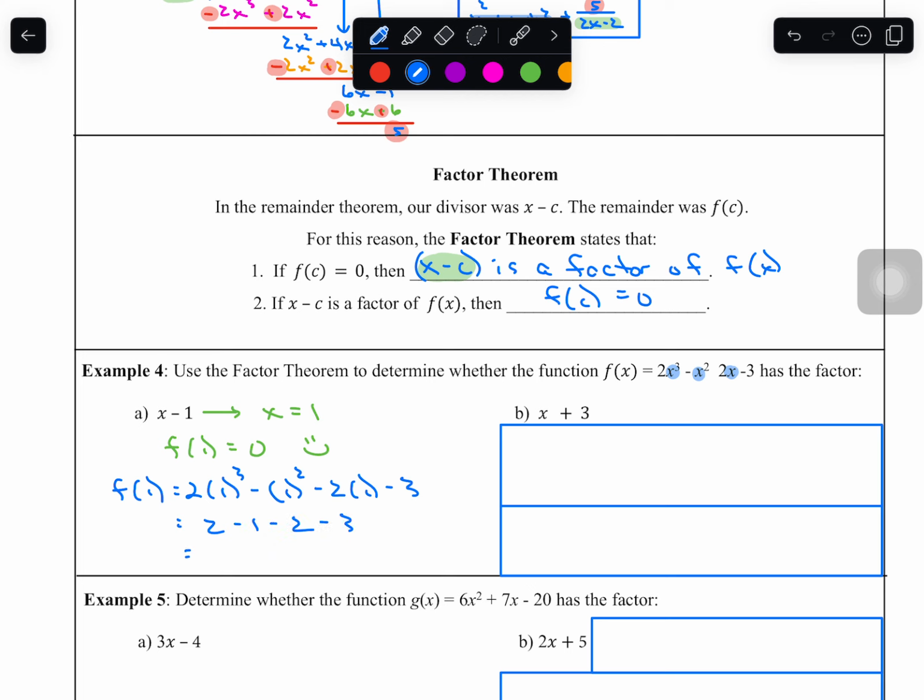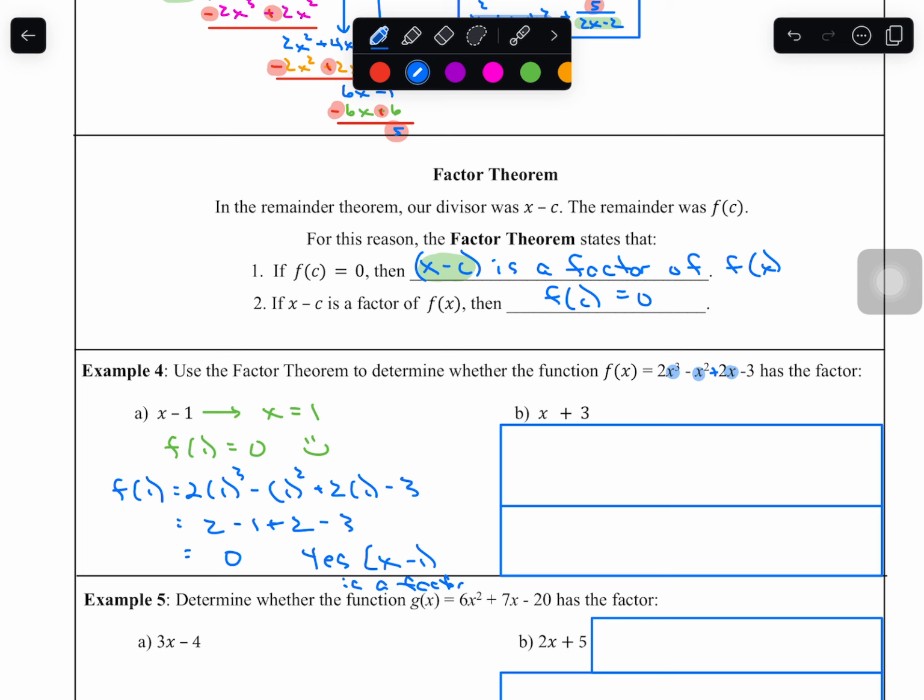Sorry, there's a plus sign in there. That should be a plus 2, and then it's minus 3. So 2 minus 1 is 1, plus 2 is 3, minus 3 is 0. So yes, x minus 1 is a factor.